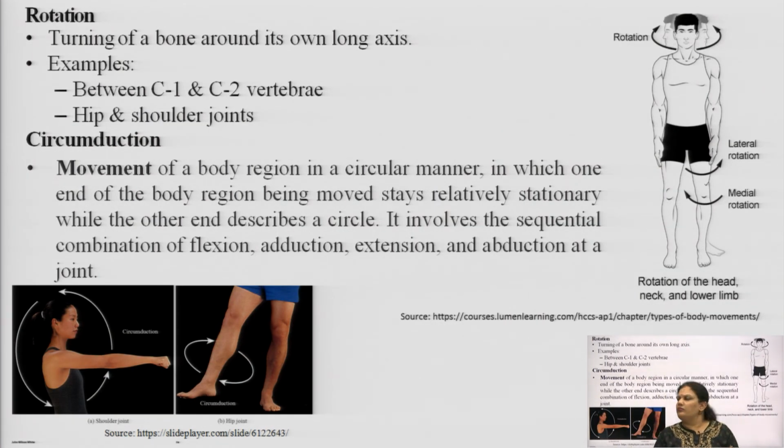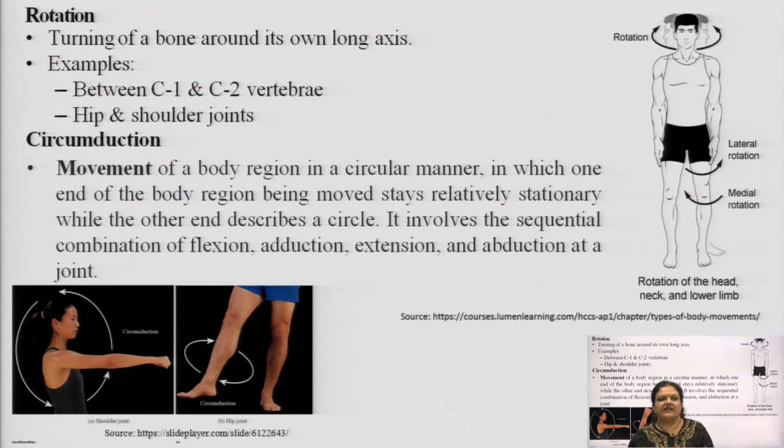Rotation is the movement of the head to the right, upward, backward. It is the turning of a bone around its own axis, for example the atlas and axis vertebrae C1 and C2, and the hip and shoulder joints.